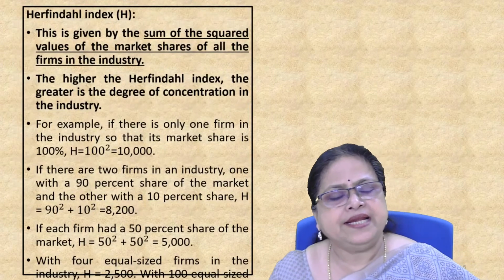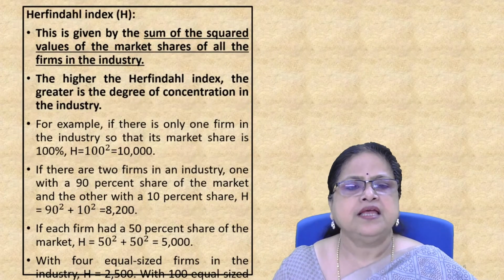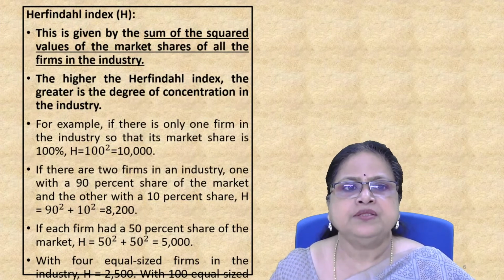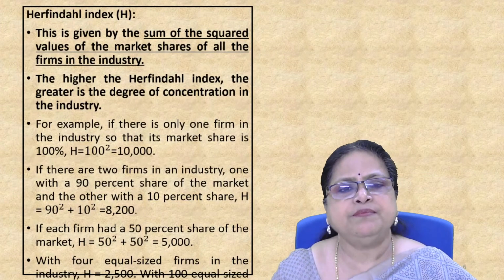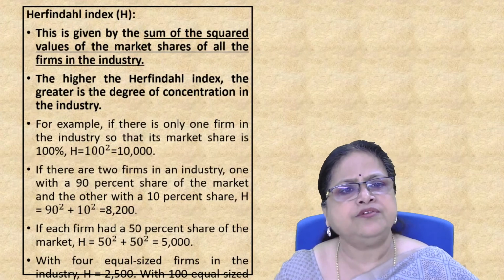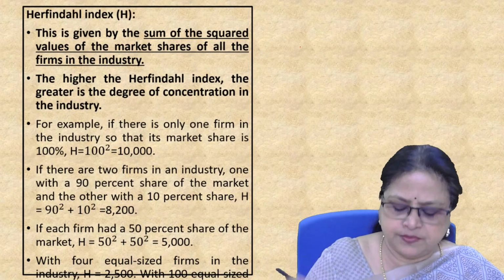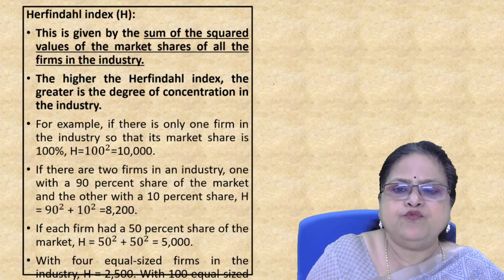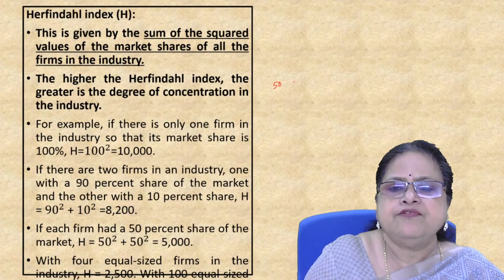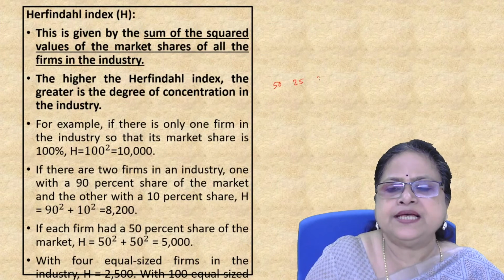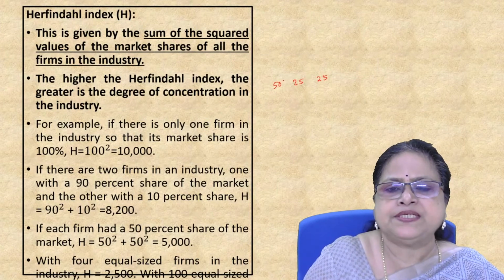Now, the Herfindahl index. The Herfindahl index is given by the sum of the squared values of the market share of all the firms in the industry. Suppose there are three firms. Firm 1 has 50% share, firm 2 has 25% share, firm 3 has 25% share.